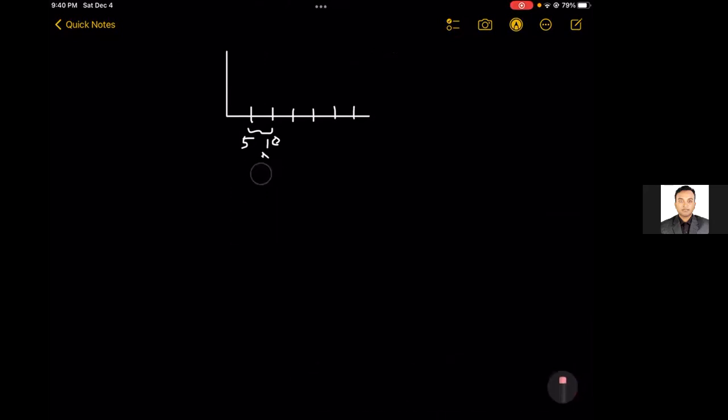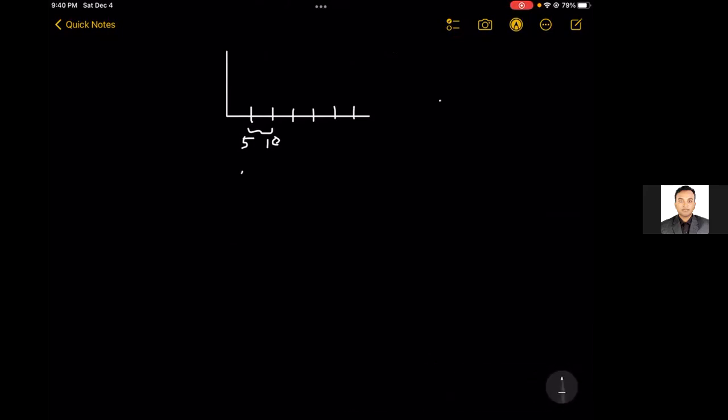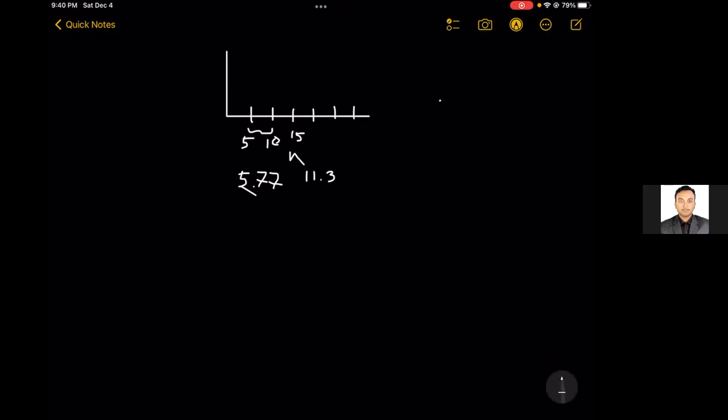We can still count that in this area, right? So a very good option would be histograms. This is 15. So if we have 11.3, we can definitely use that in this area. So a histogram would be a very good option.